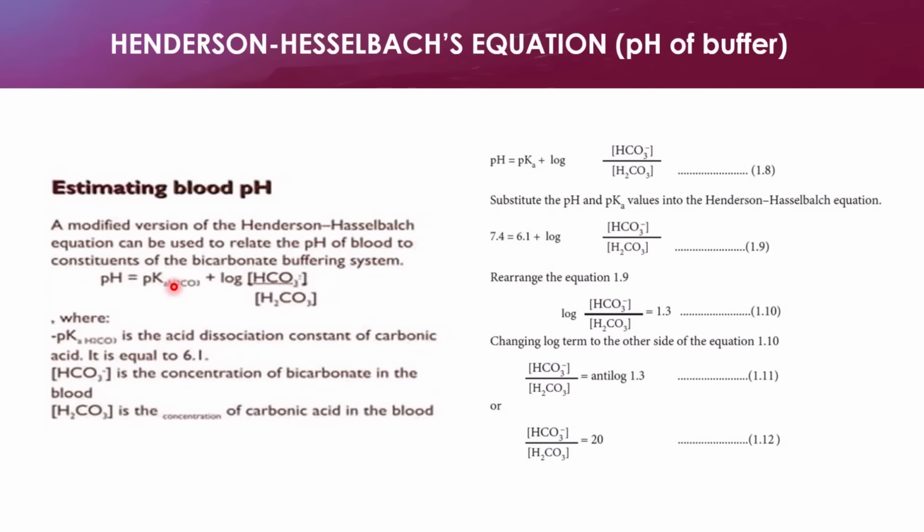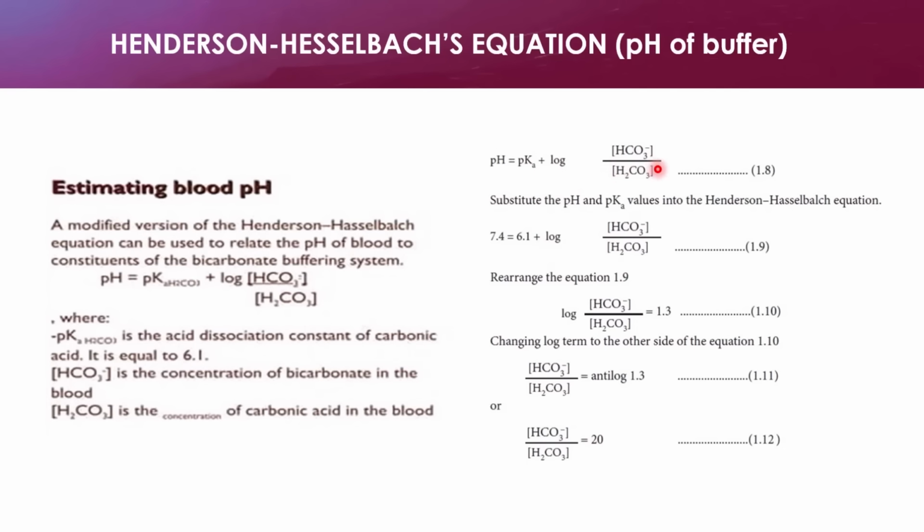The 7.4 is the pH of the blood, and the 6.1 is the value of the acid dissociation constant of carbonic acid. So substituting the values, we have 7.4 equals 6.1 plus the log of this, as equation 1.9.